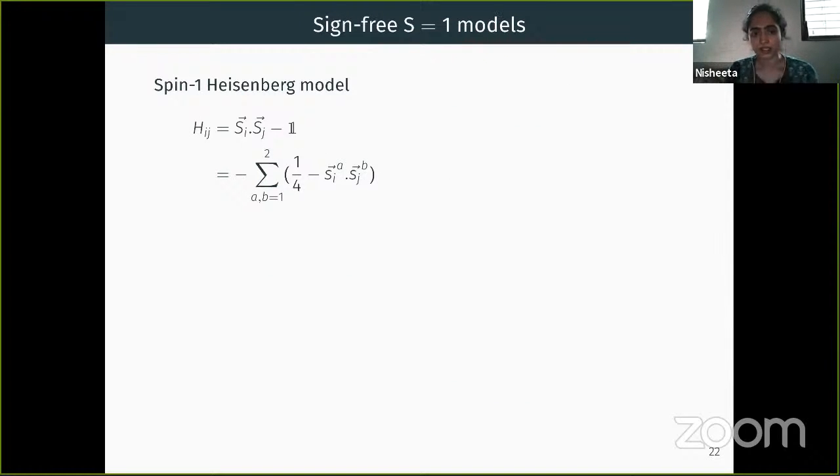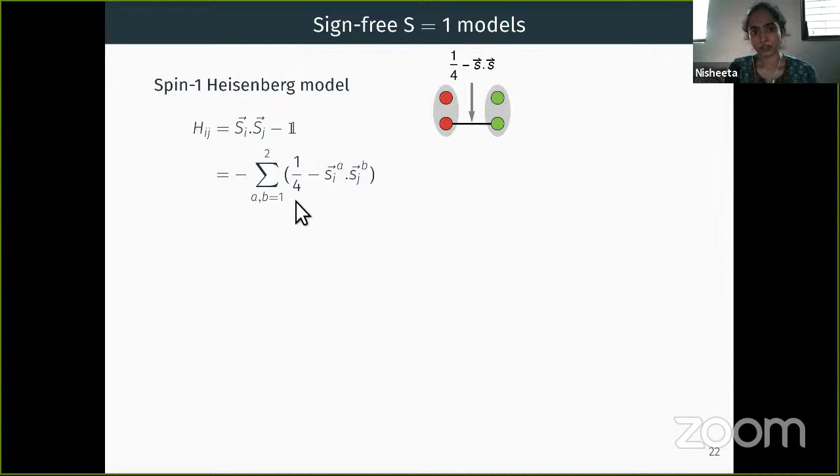So here I wrote the Heisenberg model in terms of the spin half. Here the capital spins are the spin ones, and the little s's are the spin halves. Now let's look at this pictorially. Each of the gray bubbles represents a spin one site, and at each spin one site, I have two circles representing two spin halves. And this black line joining two spin halves is this 1/4 minus s dot s operator.